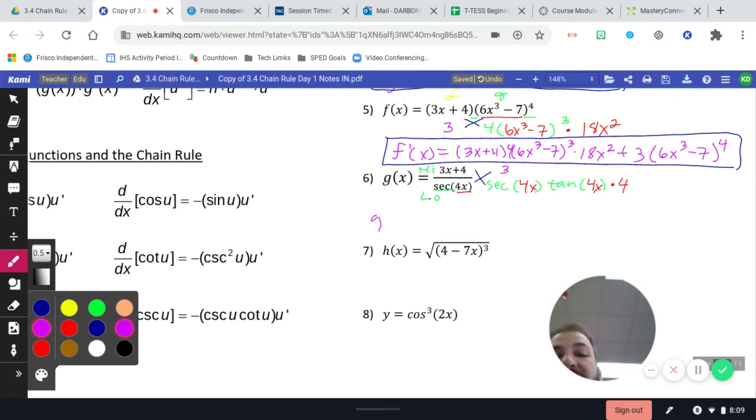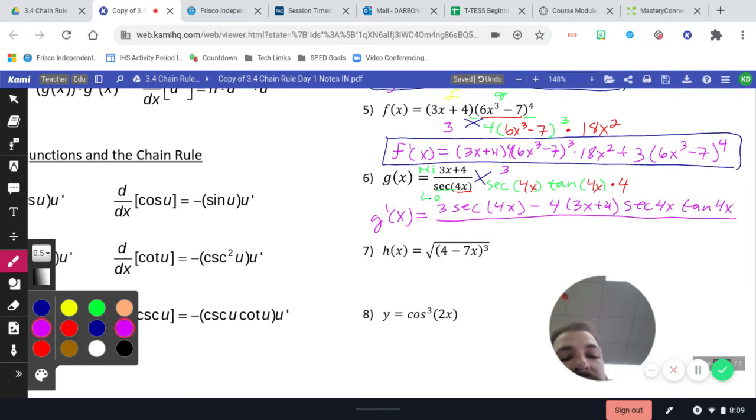So for g prime of x, it is 3 secant of 4x minus 4 times 3x plus 4 times secant of 4x tan of 4x, all over secant of 4x squared. So just like the last one, big long mess.